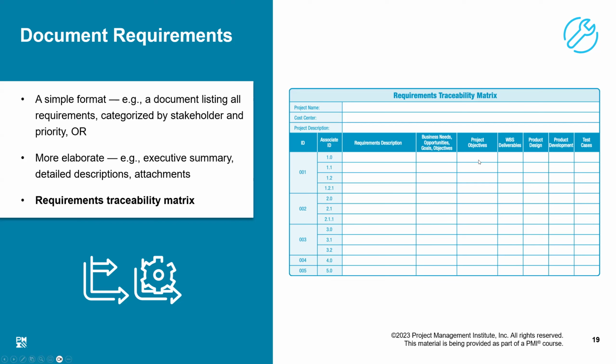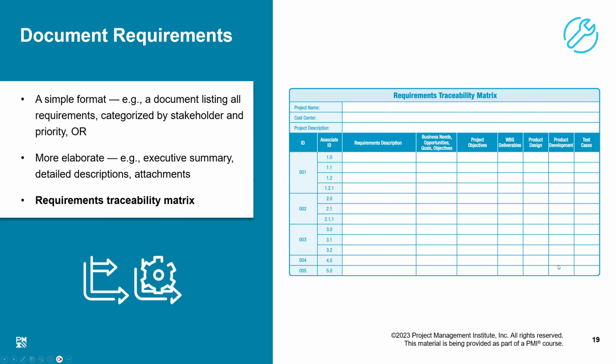If it does not impact the project objectives, which are the scope, the schedule, and the cost of the project, then this requirement may be questioned, right? Similarly, it must have been originated by a stakeholder. A requirement could not be there if it was never requested. It has to have a stakeholder, right? And so on and so forth.